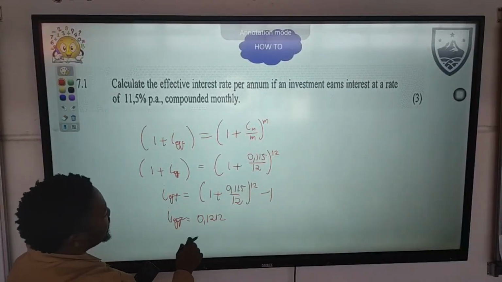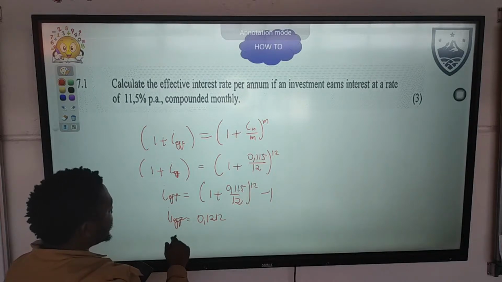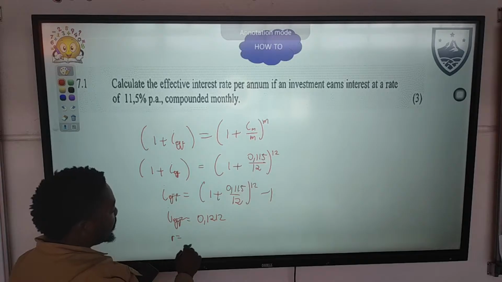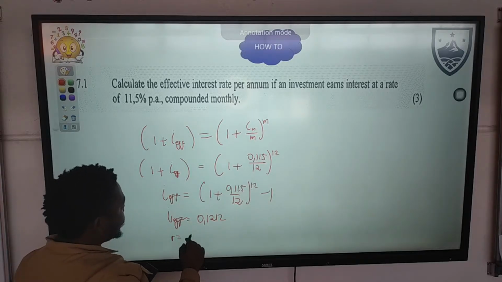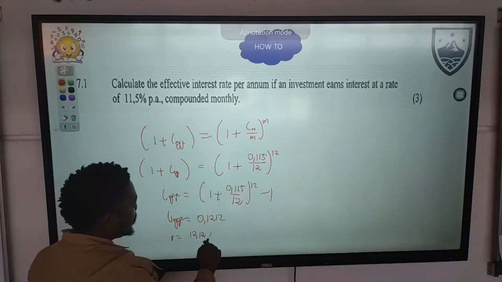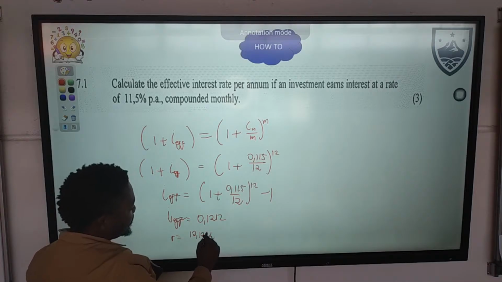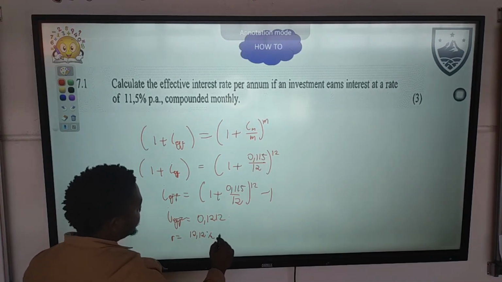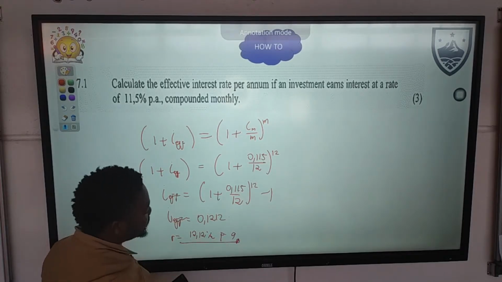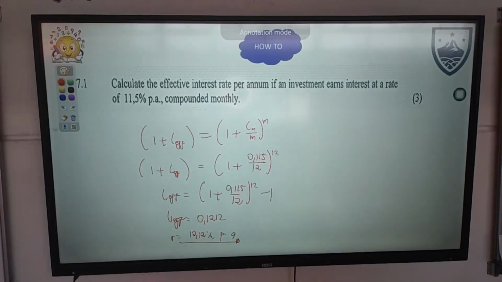So our effective interest rate is 0.12, and then if you multiply this by 100, this will just be 12.2% per annum. It's compounded per annum, so you can just say per annum.